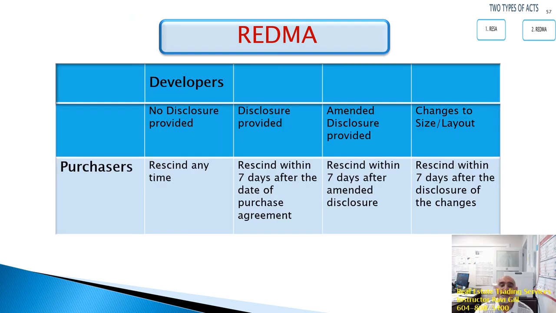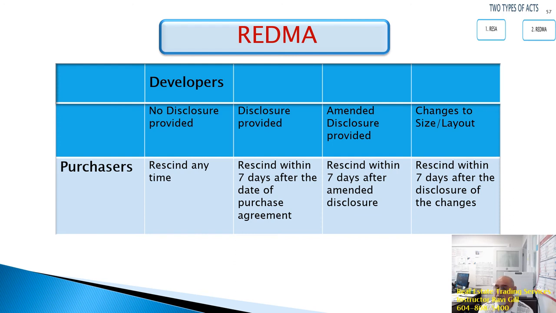Okay, here's a simple way of looking at it. 7 days are given to the purchaser to back out. If there's no disclosure statement provided, and there was supposed to be one provided by the developer, well, the purchaser can get out of that contract before or even after purchasing the property.